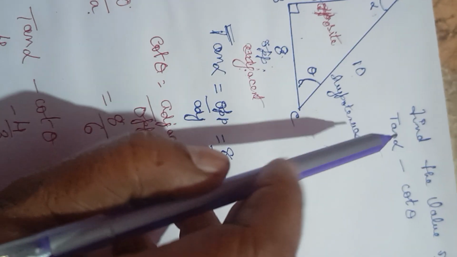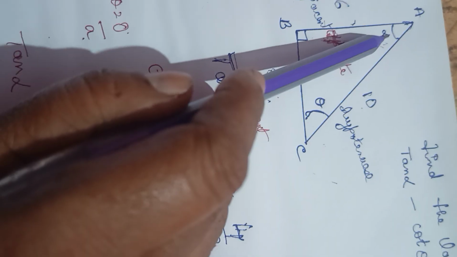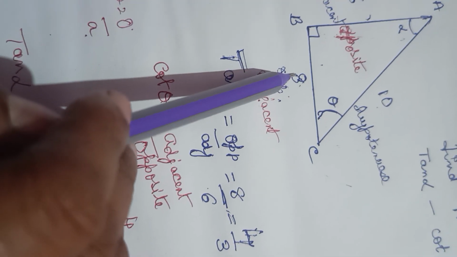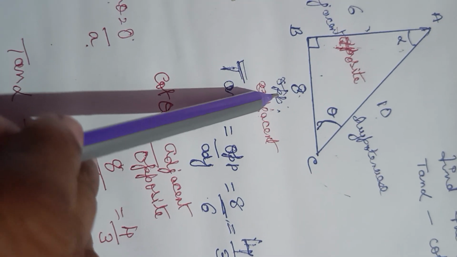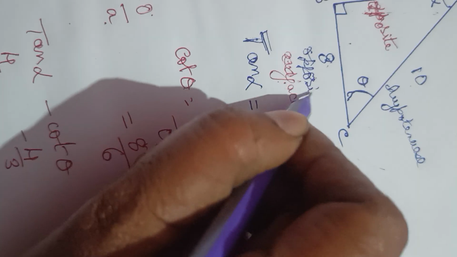So, how do we find tan alpha? Alpha is here. The side opposite to this angle alpha is called the opposite side. So, this is the opposite side.